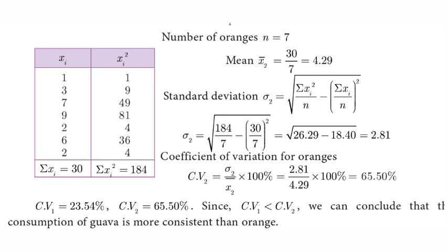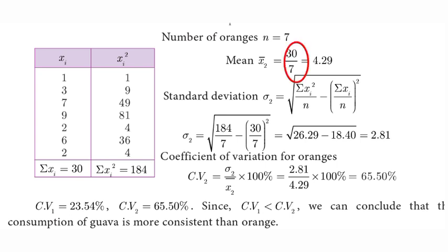Next we find the coefficient of variation for oranges. So how many oranges? n equals 7 oranges. Okay, first we find the arithmetic mean x2 bar. We add the number of oranges: 1 plus 3 is 4, 4 plus 7 is 11, 11 plus 9 is 20, 20 plus 2 is 22, plus 6 is 28, plus 2 is 30.